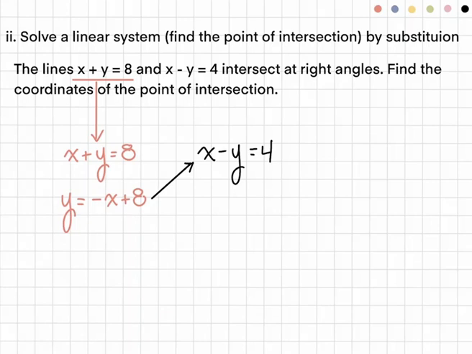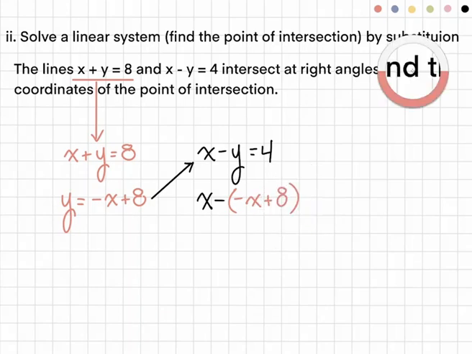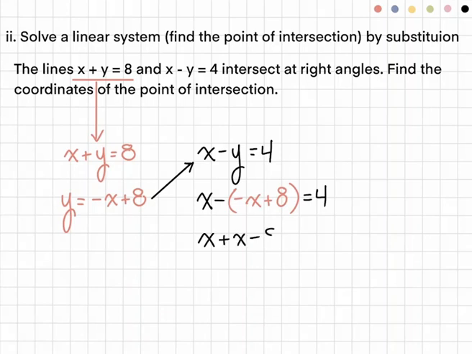So what that's going to look like is x minus negative x plus 8 equals 4. And now we're just going to simplify and solve. So that's going to be x plus x minus 8, right? Because there's a negative 1 here.